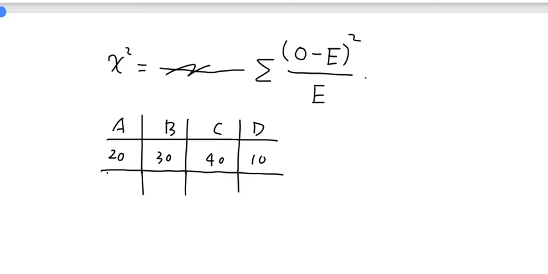Then the expected value is what the number should be here based on our assumption. Suppose 30% should be A, 20% should be B, 30% should be C, and 20% should be D. So this is our assumption.